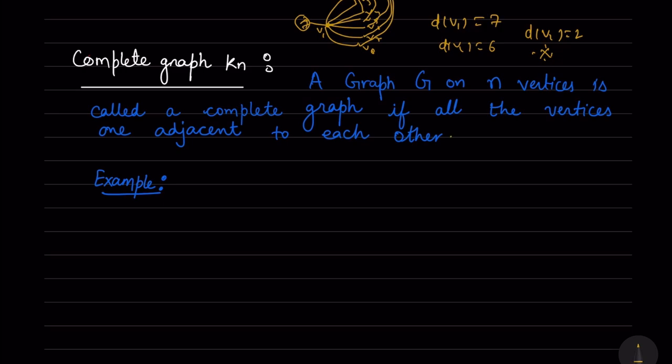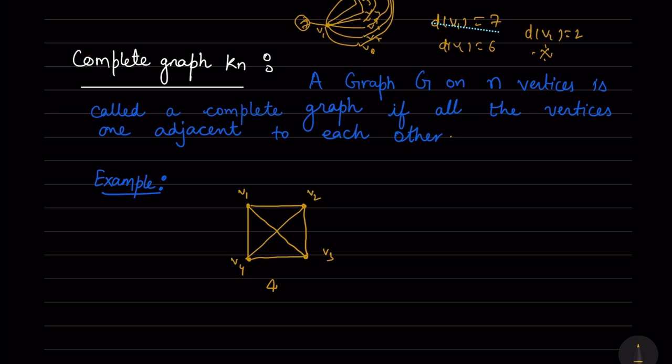If we take 4 vertices, then v1 is adjacent to all other vertices, v2 is adjacent to all other vertices, and the same for v3. So this is a complete graph.